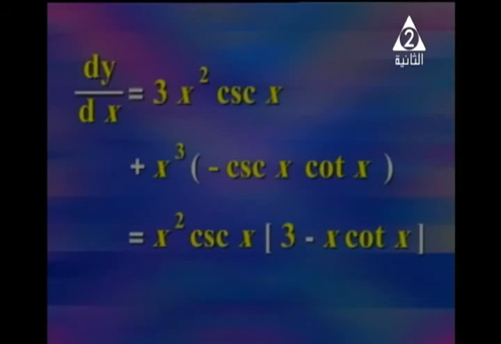Differentiation of x power 3 is 3x power 2 times cosec x plus x power 3 times differentiation of cosec x. What is the differentiation, dear student, of cosec x? Negative cosec cotan. Then the answer, by highest common factor, is x squared cosec x multiplied by bracket contains 3 minus x cotan x.